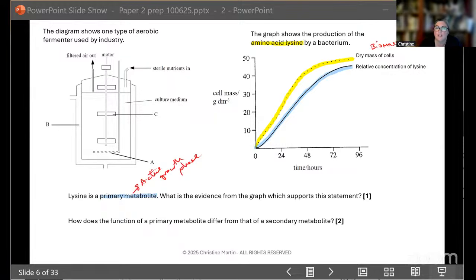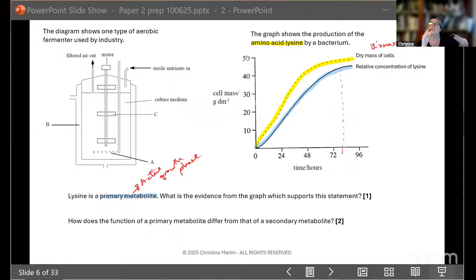Absolutely, Amna, because it's increasing and then it starts to plateau. You can see that increase before the plateau, so we'll come down here, is following that growth that was happening before.